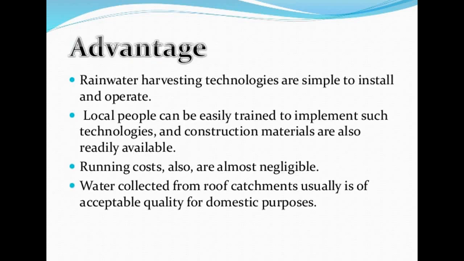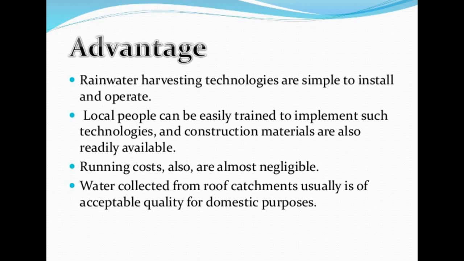Now what are the basic advantages of this rainwater harvesting around us? There are major advantages. Firstly, these rainwater harvesting technologies are very simple to install and operate. So it is not going to take a lot of investment. You don't have to invest a lot of money to make these technologies around you.